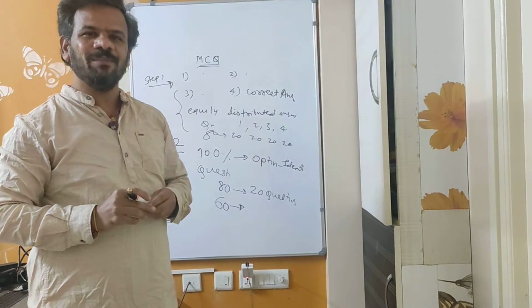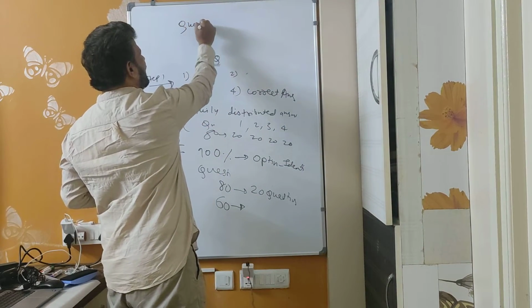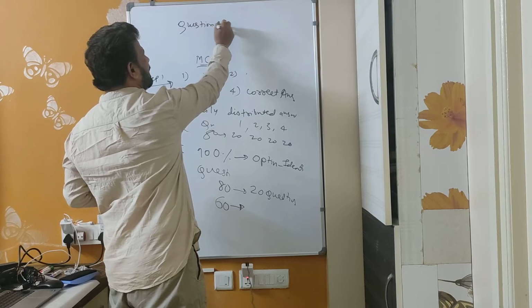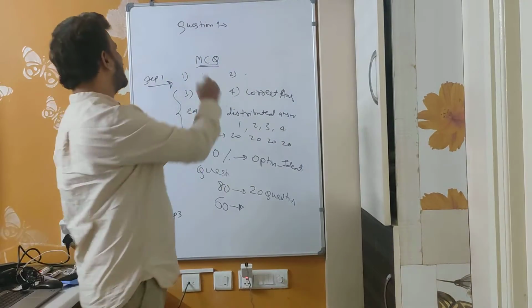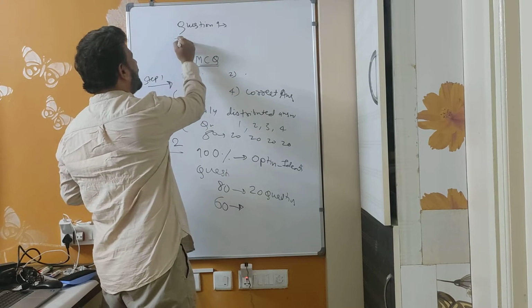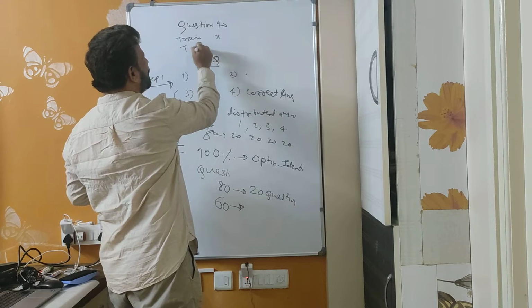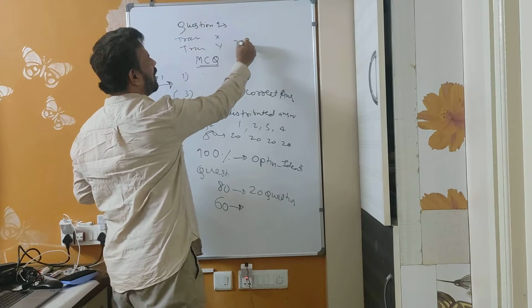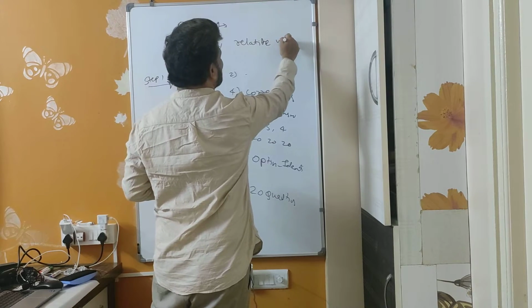So let's say you have question number 1, any problem. Let's take an example that one train is going with a speed of x and another train is going with a speed of y, and now find the relative velocity. So this is the question.